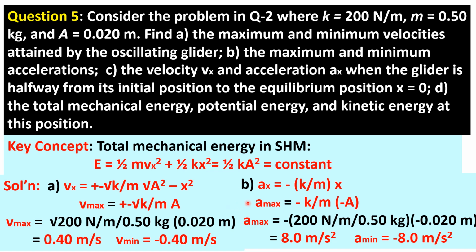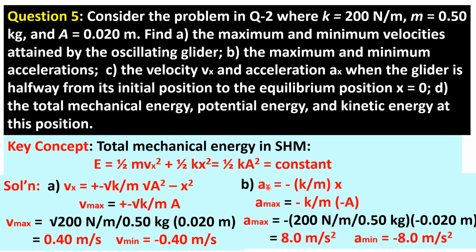So moving on to letter B, what is the maximum and minimum acceleration? So the formula for finding the acceleration ax is just equal to negative quantity k over m multiplied by the displacement x. All right?